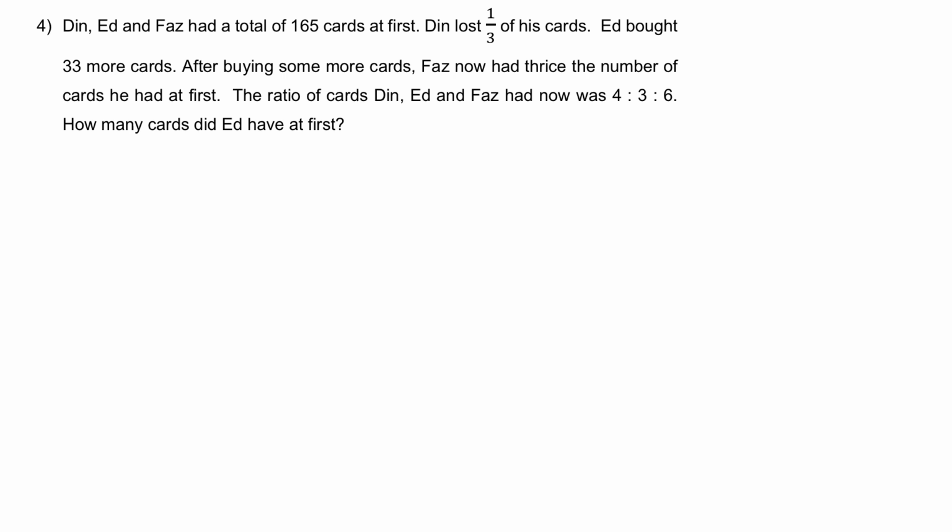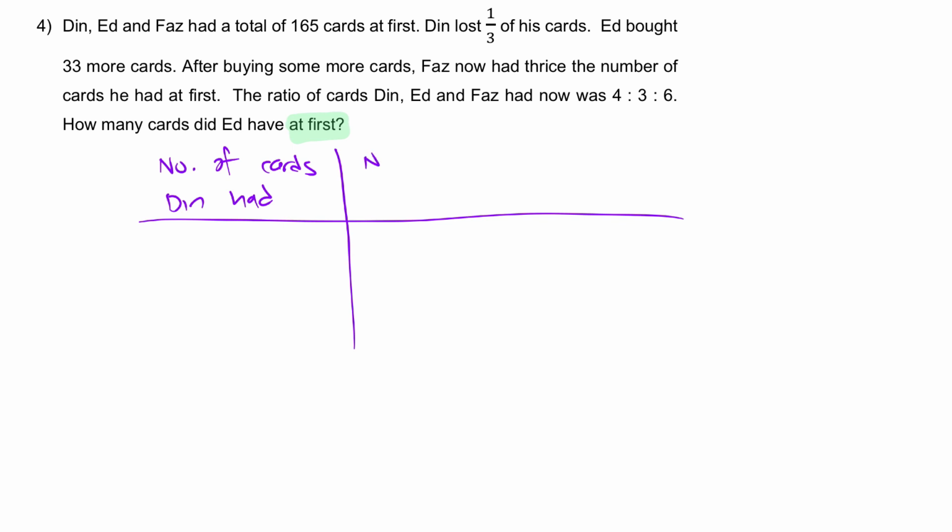For this question, alright, we're going to work backwards. It will be much easier. So we have number of cards Dean had, number of cards Ed had, number of cards Fuzz had.